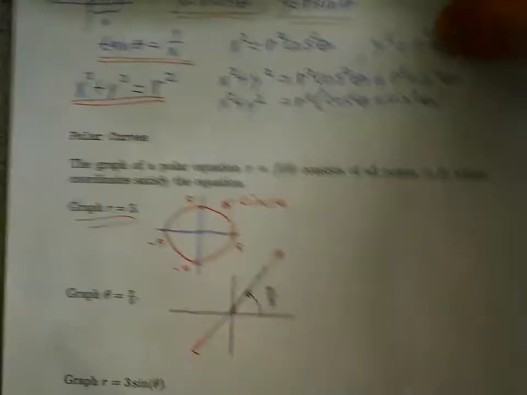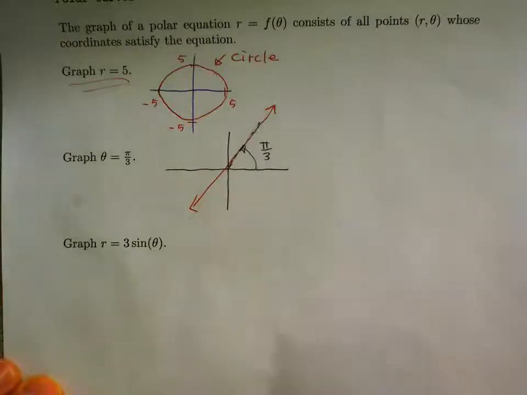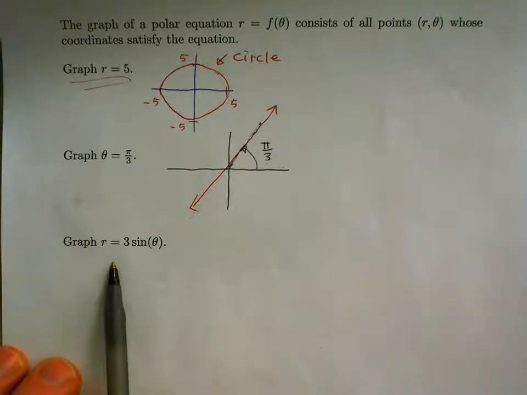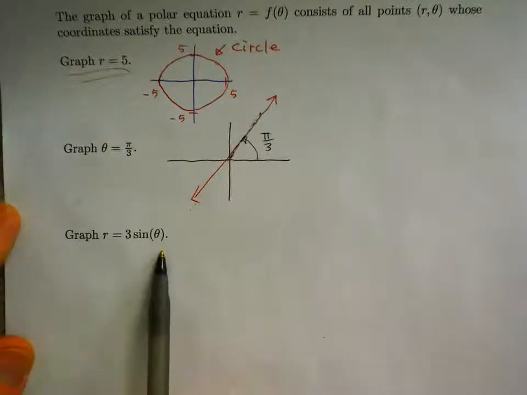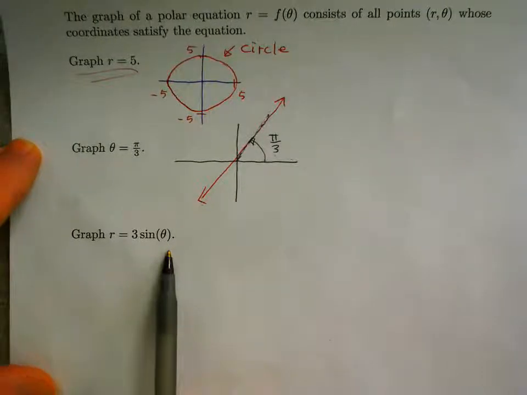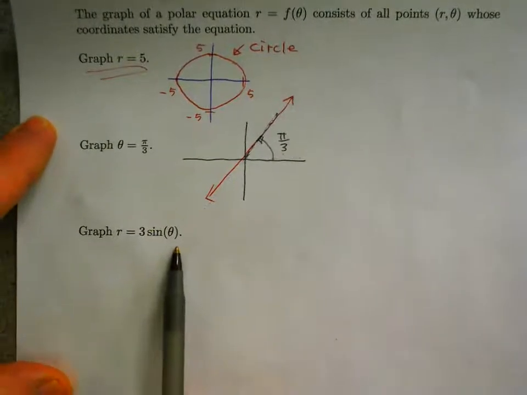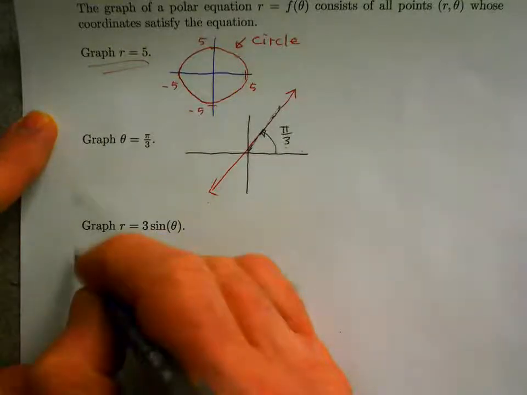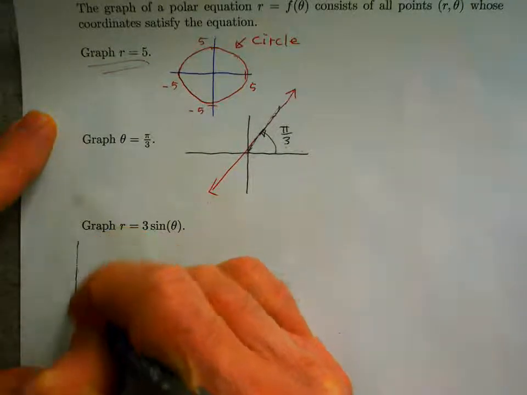So yesterday we got to this equation in polar coordinates, r equals 3 times sine of theta. What we can do is find some ordered pairs.